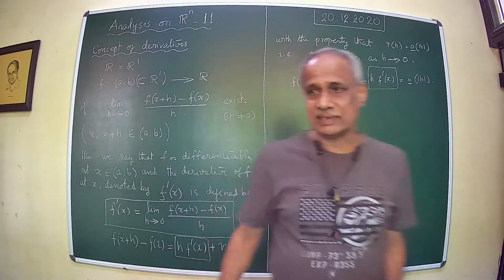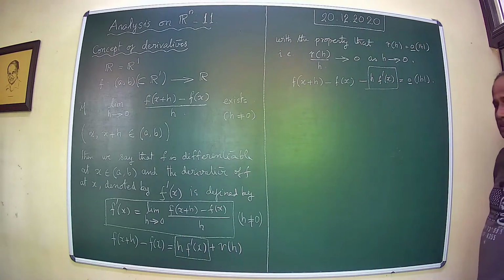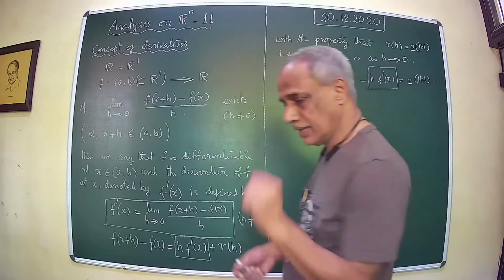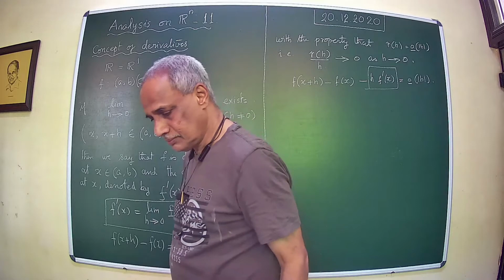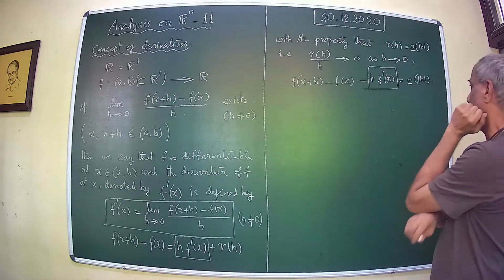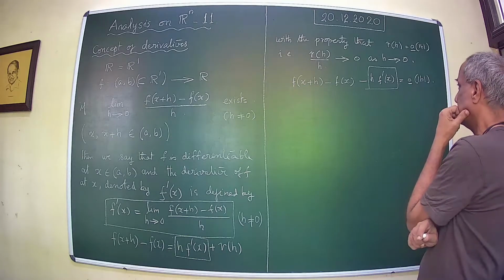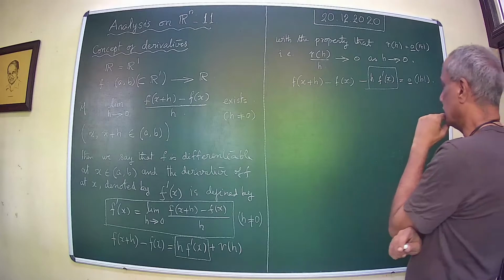Now you see that this defines what you call a linear transformation on R. What kind of linear transformation?